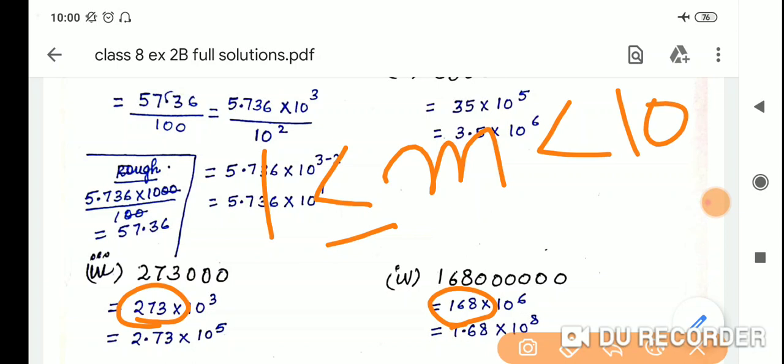Clear? So m has to be more than or equal to 1 but less than 10. Clear?